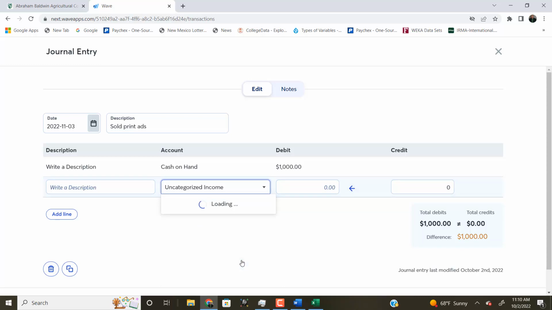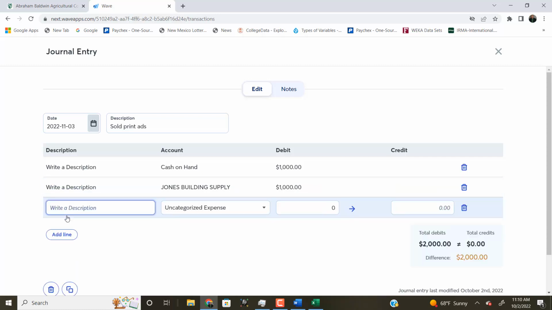Jones Building Supply, and that's an asset too because it's under the assets and it's accounts receivable. So it really should probably say accounts receivable, Jones Building Supplies. And I'm sorry if that was confusing for you. And it's also 1,000. Then we have to add a line. So I've got cash on hand, the accounts receivable, to reflect the fact that they paid me 1,000 and they still owe 1,000.